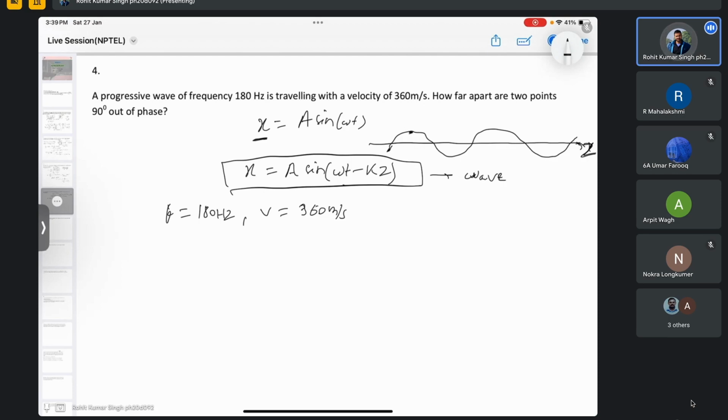So the question is, how far apart are the 2 points 90-degree out of phase? Okay, so what does it mean is, let's again draw the wave.